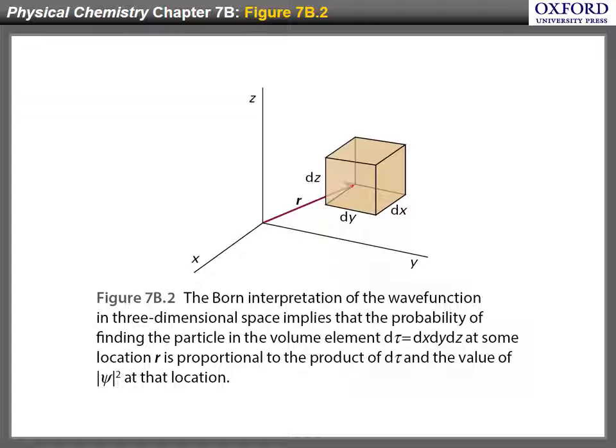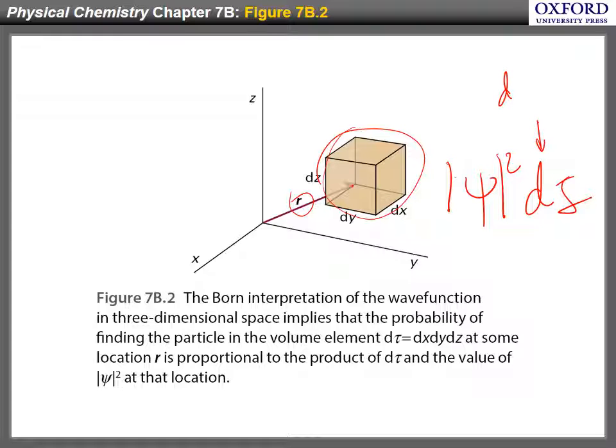So in this context, the interpretation of phi of r, the wave function of r, is that if the wave function of a particle has a value phi at some point r, then the probability of finding the particle in an infinitely small volume is proportional to delta tau, delta tau being dx times dy times dz.